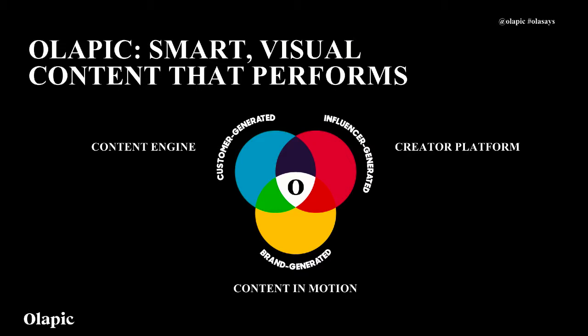By being across all the channels your customers are, you can enable a better experience that can increase the likelihood to purchase. And at Olapic, we provide design assets, technology, and expertise that help your brand access and create beautiful, authentic, and impactful content that your customer will engage with.